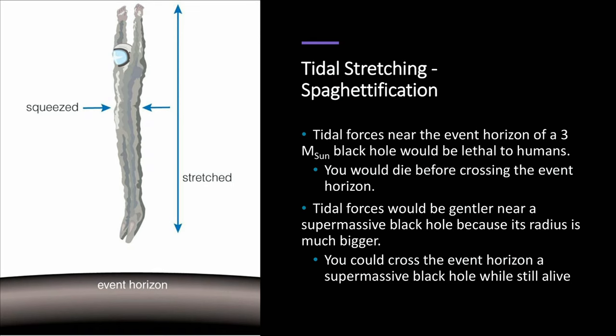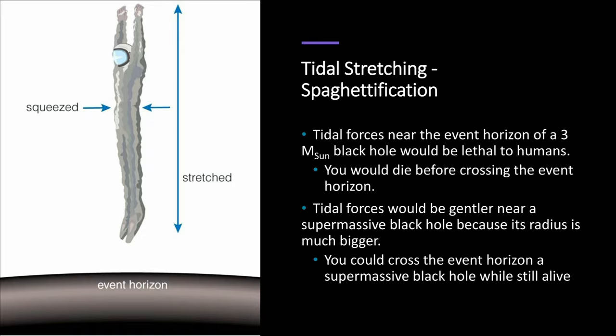So if you're falling in towards a black hole, your feet are closer to the black hole than your head is, and so your feet will feel a larger gravitational pull than your head, and so you'll start to get stretched out by this tidal force. This is called spaghettification because you're basically turning objects into long strands like spaghetti.